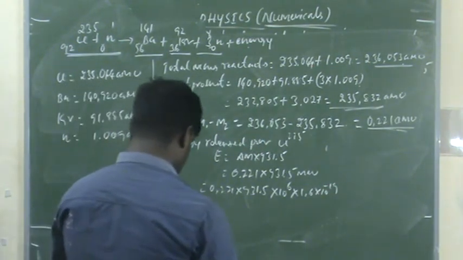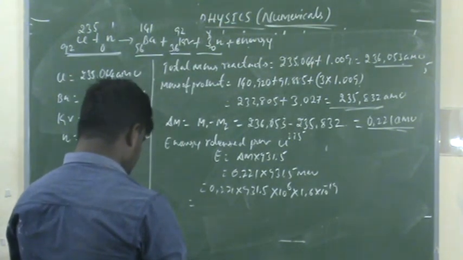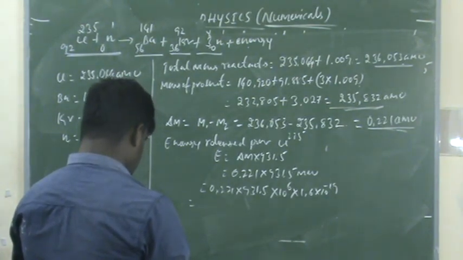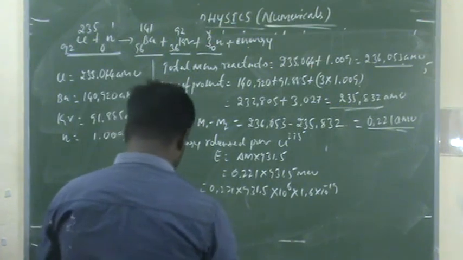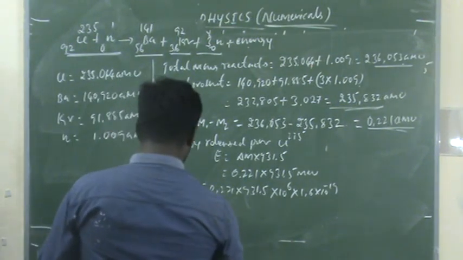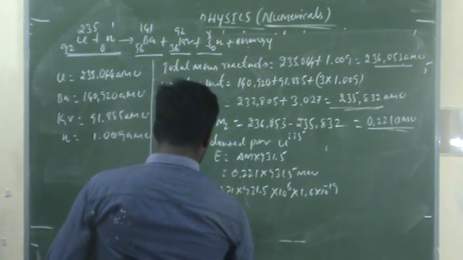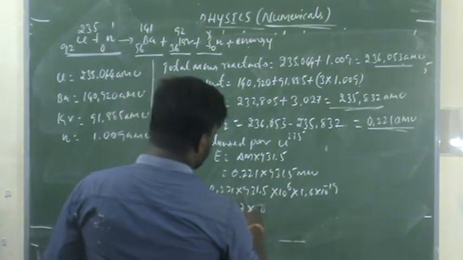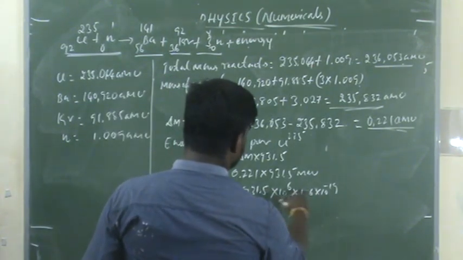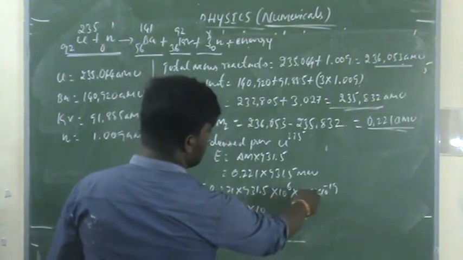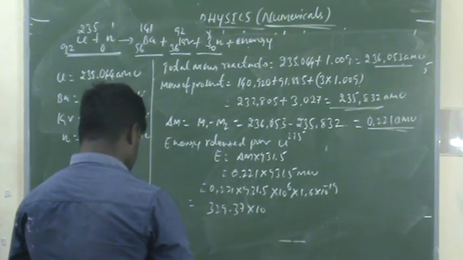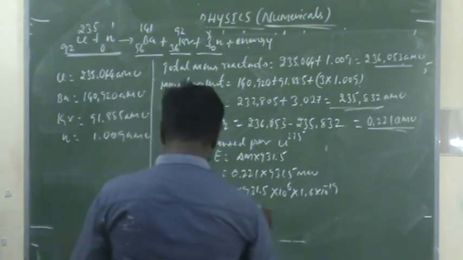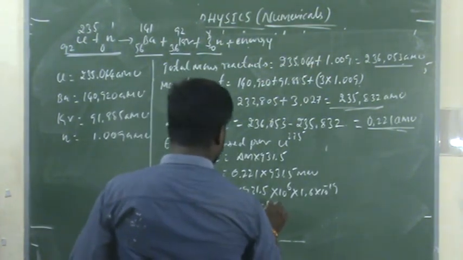So 0.221 into 931.5 into 1.6 equals 329.37 into 10 to the power of 6 into 10 to the power of minus 19, that is 19 minus 6, minus 13.